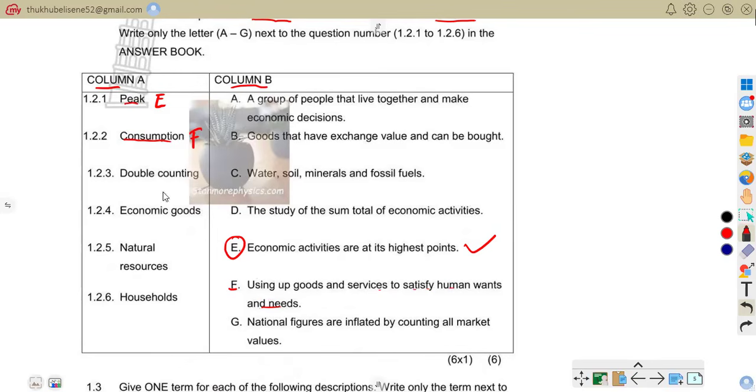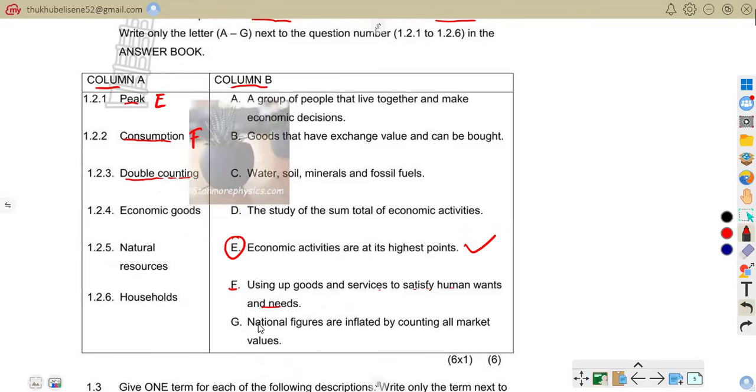Now we come to double counting. We want to see the description that best matches this item, double counting.